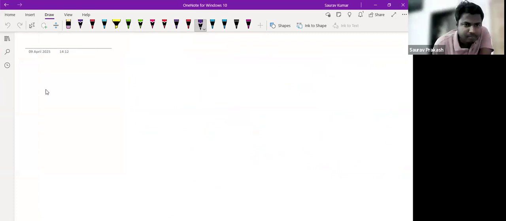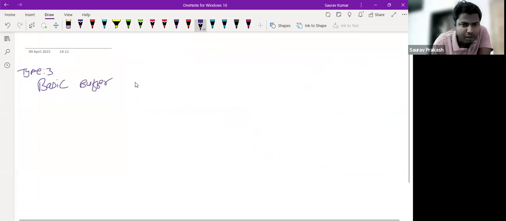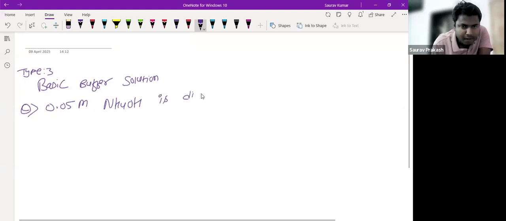So the question is: 0.05 molarity NH4OH is dissolved in 0.01 molarity NH4Cl solution. Find its pH.